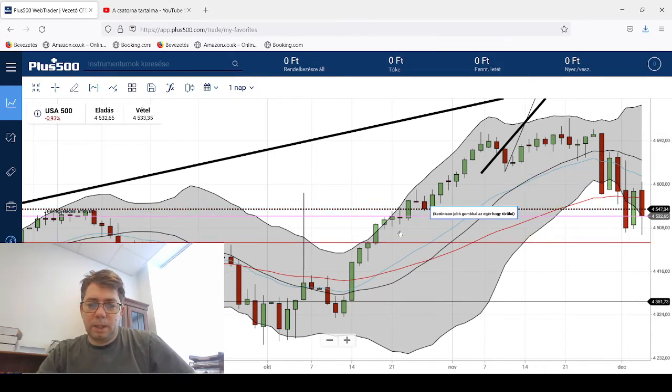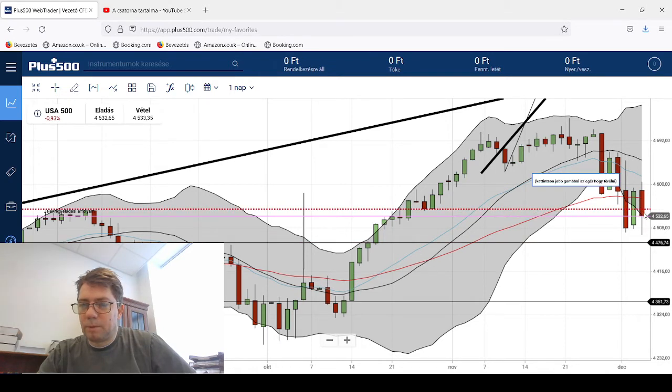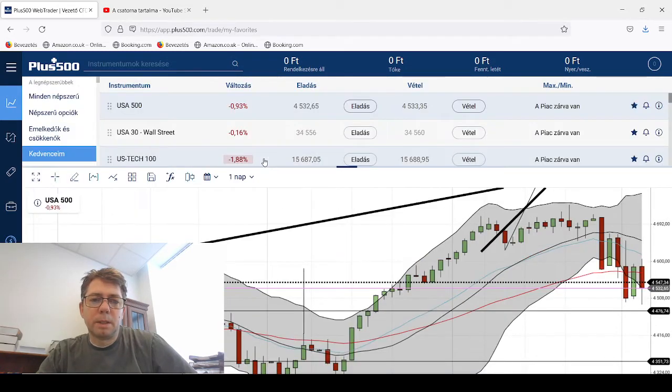So let's see what happens. 4,476 is an area of support, and so we are spending time between these two areas. This is right now resistance and this is support. So let's see what happens on Monday.